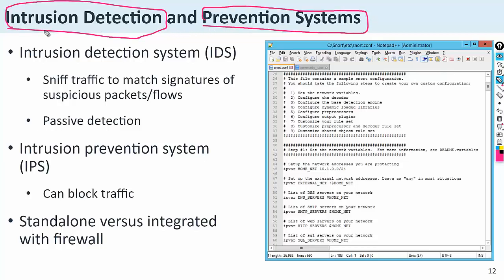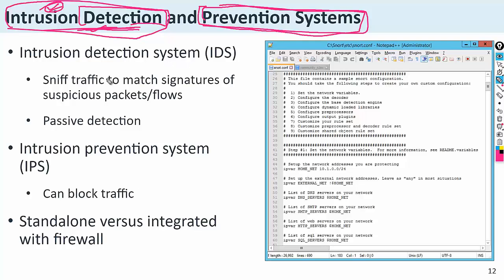The intrusion detection system only detects intrusion. Intrusion means any type of malicious activity happening inside the organization. This is known as intrusion detection. Another is the prevention system, which is going to prevent any type of attack.